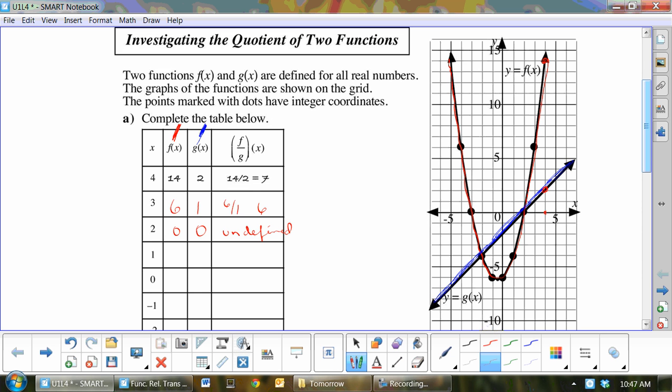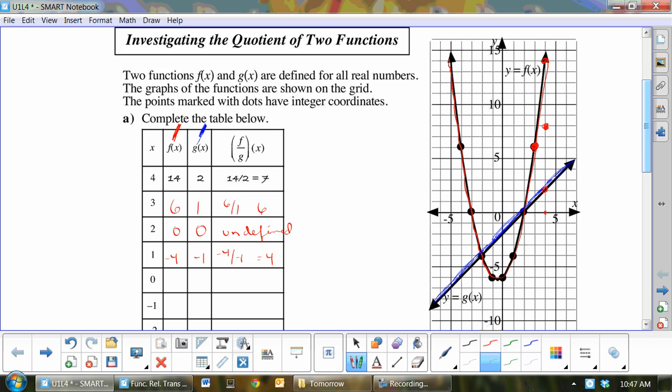Okay, so let's plot those points. We've got 4, 7, 3, 6, right there. The next point we can't even do. Okay, let's do the next one. Let's do point 1. 1 is -4 divided by -1. Negative 4 over negative 1 is 4.